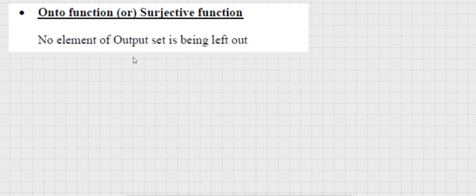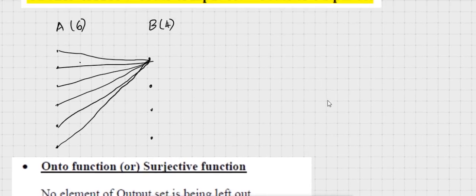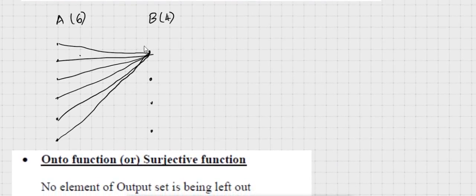No element of the output set is being left out. Is this example an onto function? Of course, this is not one-to-one, we already said. Of course, it is not onto also. Why? See, the elements of the output set were left out.